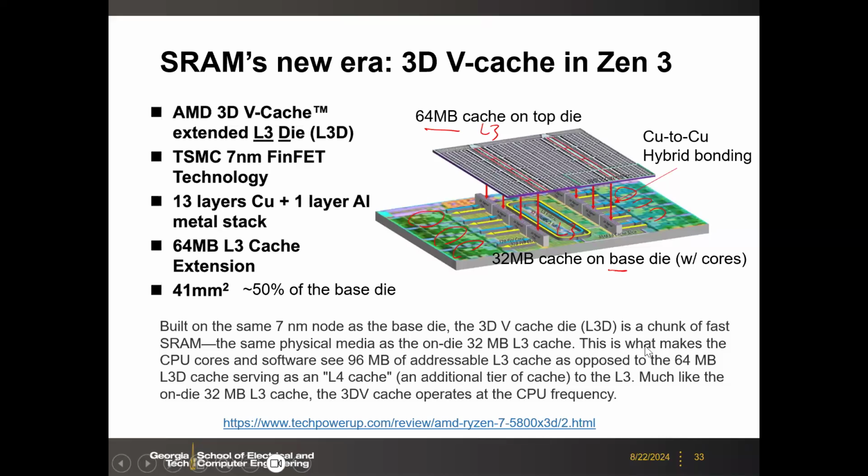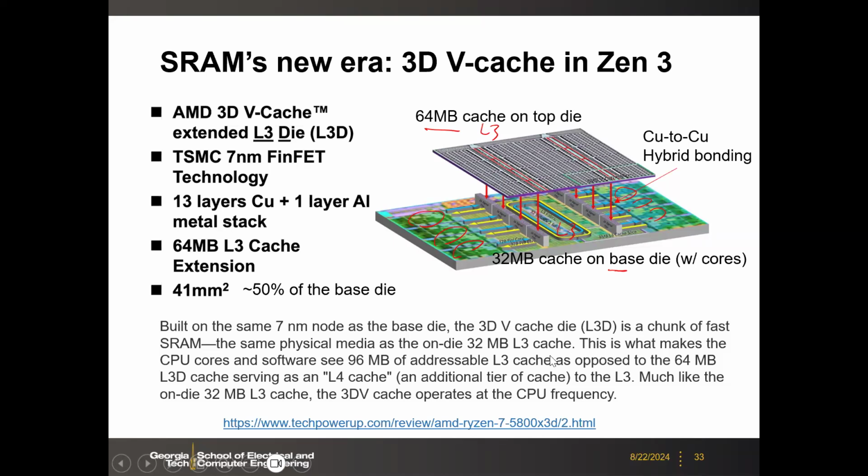But from the CPU perspective and from your software, your instructions, we'll see a total of 96 megabytes of addressable L3 cache. So there's no difference from the software point of view between the 32 megabytes and the 64 megabytes.